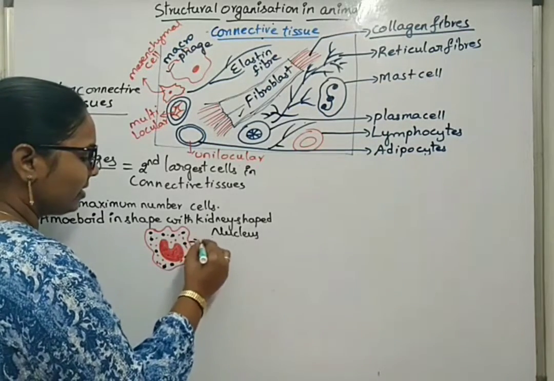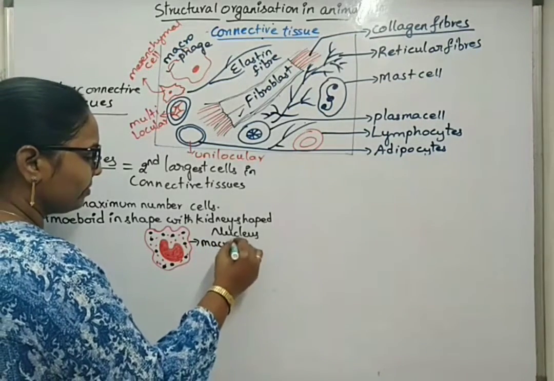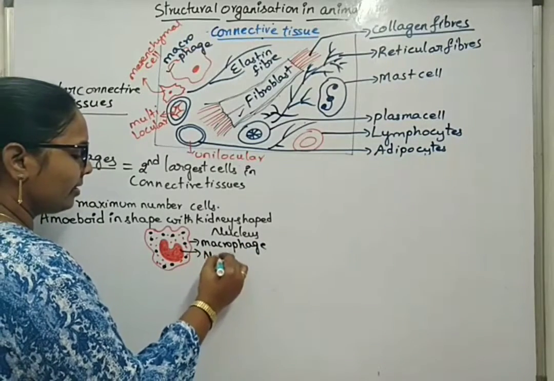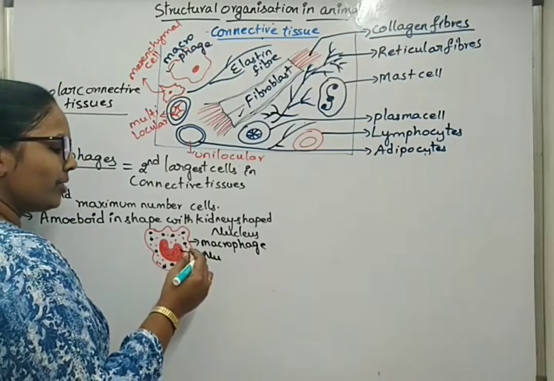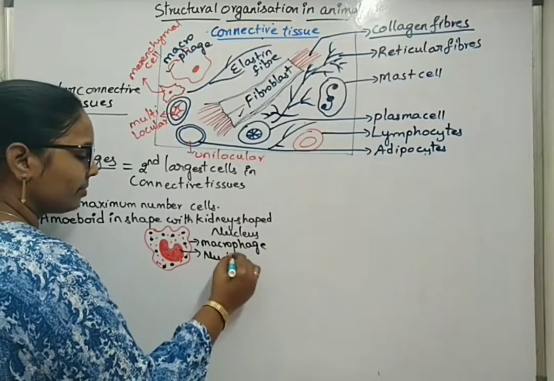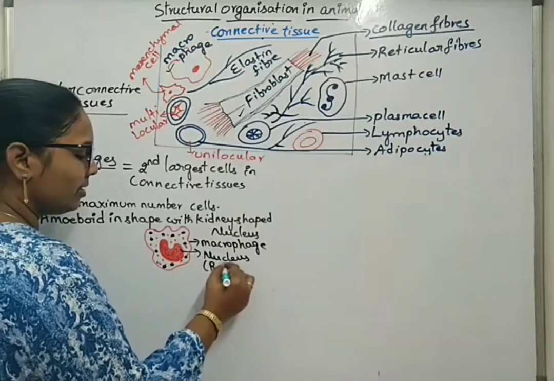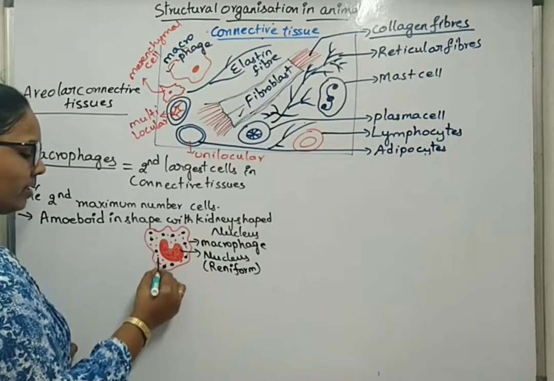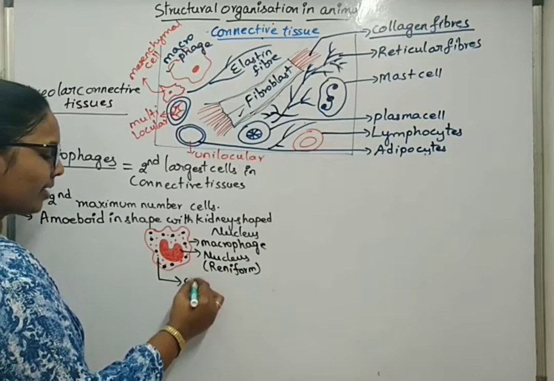We can give labeling as this is macrophage, this is nucleus, kidney shaped, or we can also use a term like reniform nucleus, which is reniform nucleus. So these red dots we can label as cytoplasm.